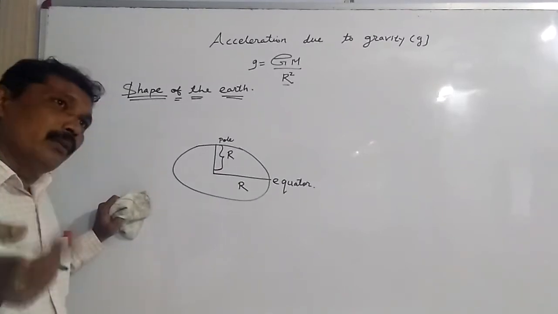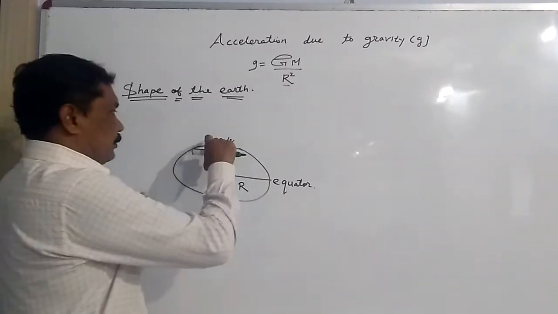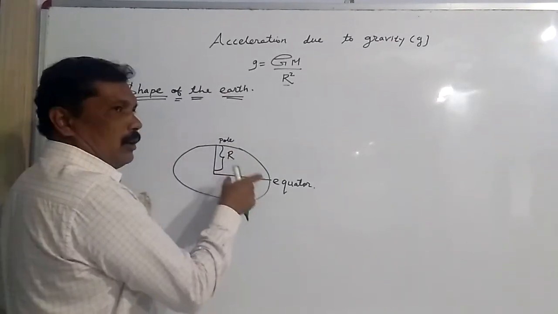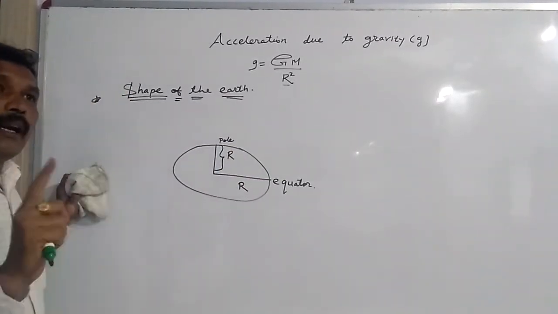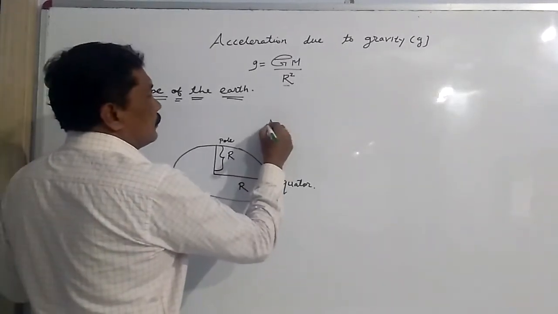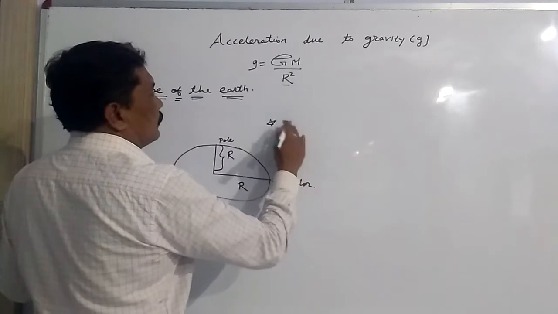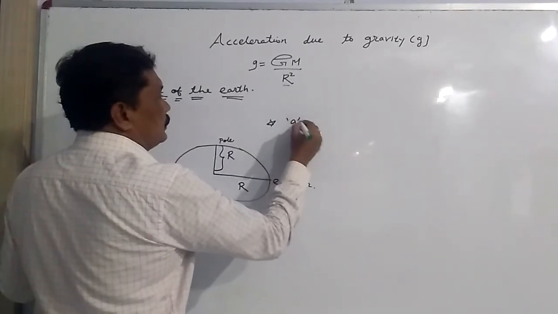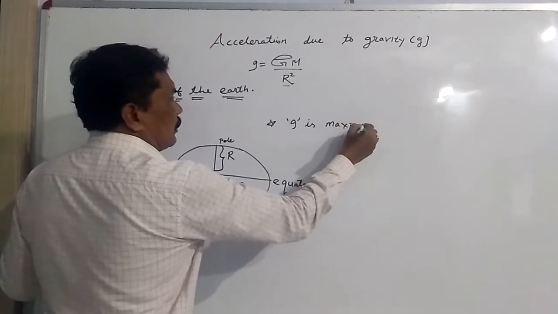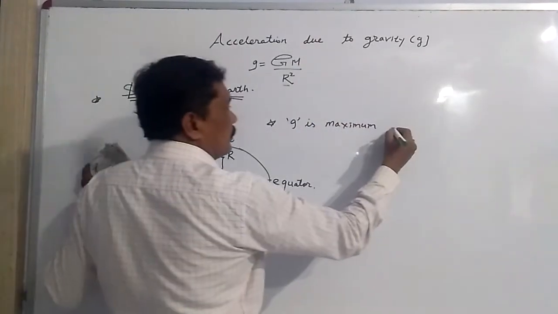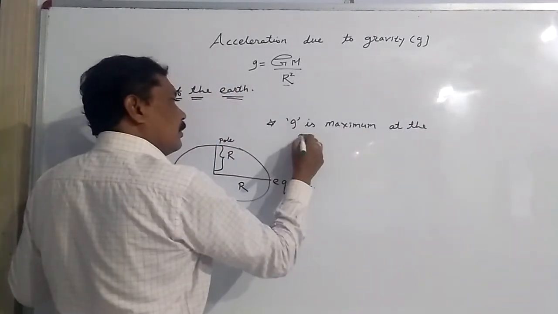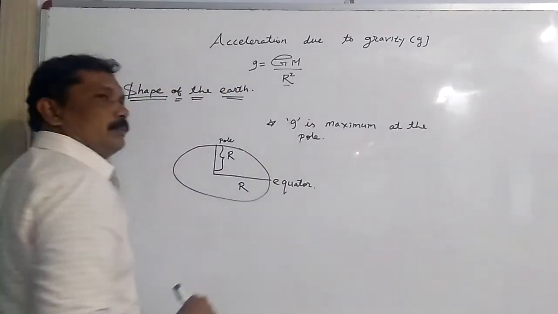From this, what conclusion we can draw? See, the distance here is less and here more. So from this we can draw a conclusion that g is maximum at the pole.